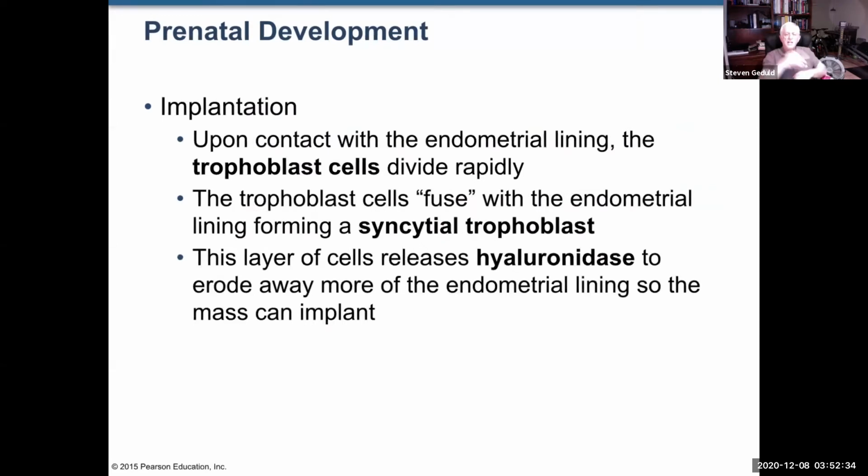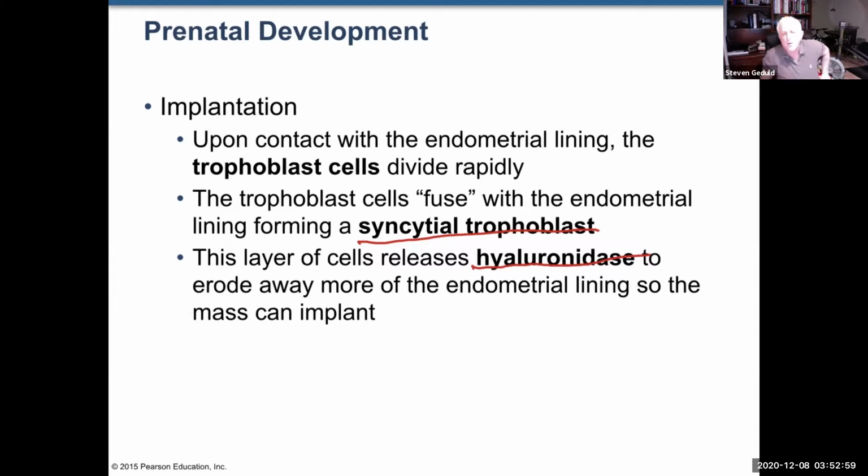So when it contacts the endometrial lining, the trophoblast cells start to divide rapidly. They fuse with the endometrial lining, forming what's called a syncytial trophoblast. The cell layer releases hyaluronidase, which erodes away the endometrial lining so the mass can implant there.